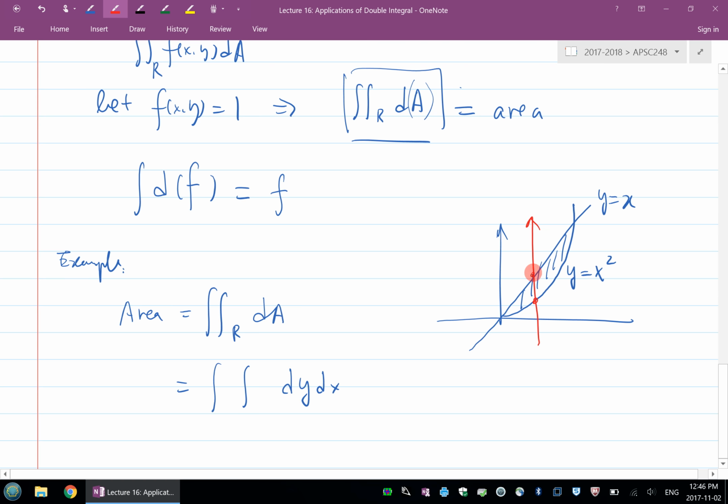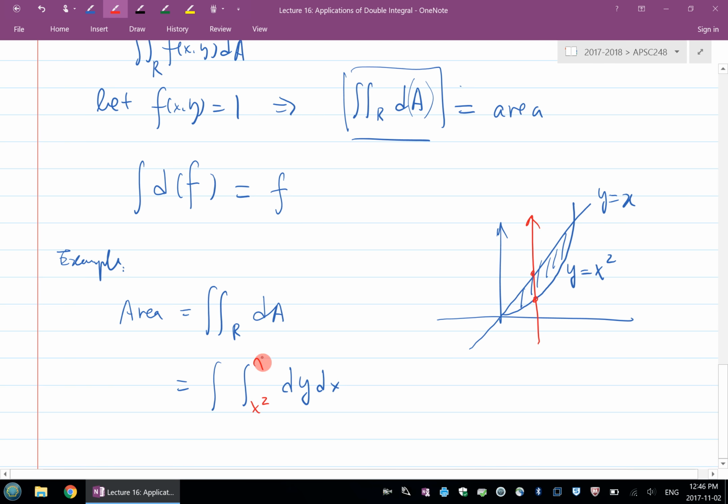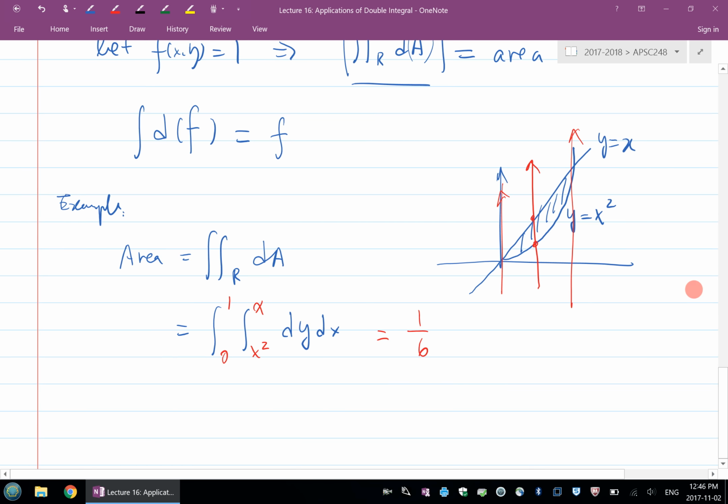First contact and second contact give you the limits for the y variable. Then you sweep this arrow line from one end to the other end, which goes from 0 to 1. This is how you calculate it, and you get 1/6. You carry out this calculation here. That's the area of a thin plate. Good?